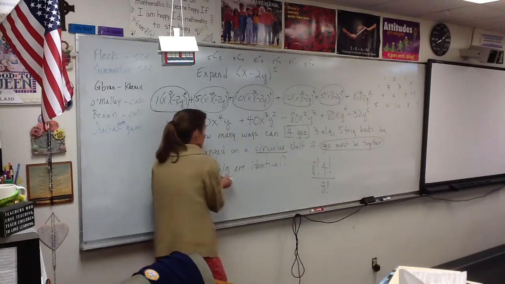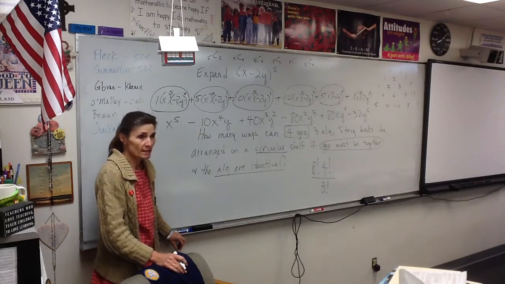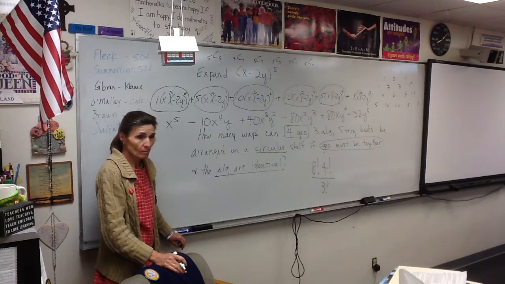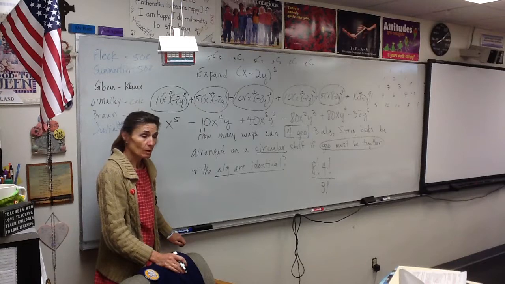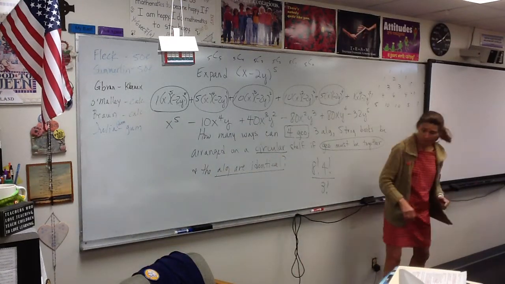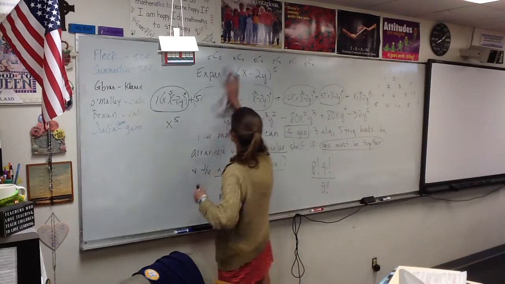The algebra books are identical. And what do we do with identical things? We divide by their factorial. Right? Okay.